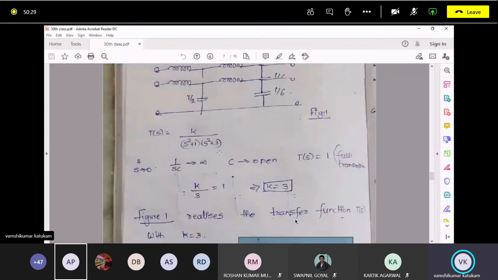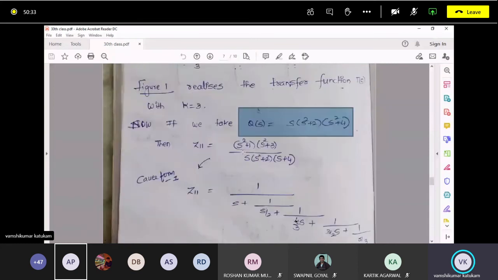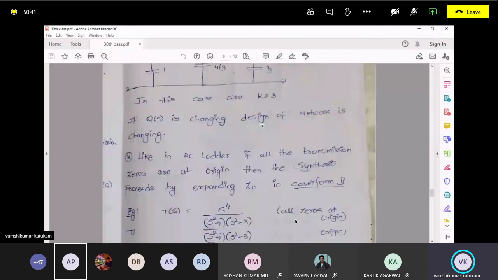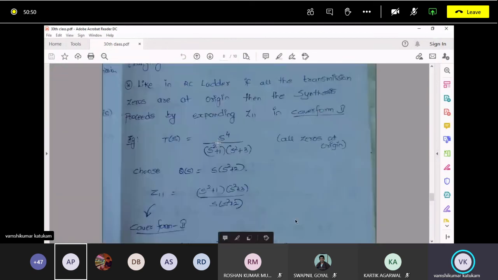Okay. So Cauer form 2, Cauer form 1, we have seen, and we are in Cauer form 1. But we have changed capital Q of S, right? So that was our discussion. Let us see next the transfer function where all the zeros are at the origin, just like RC.